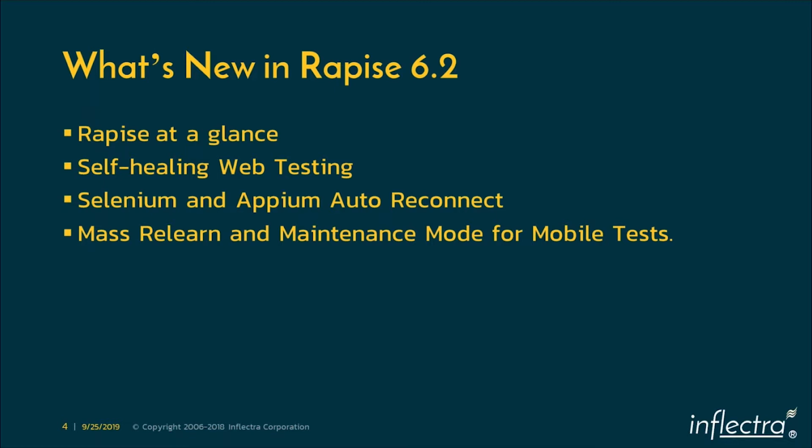For those who are ready to understand what we did in this release, because again, maintenance is something that happens after you have some test automation in place. And so you already are able to do automation, but you need additional features to make this automation easier.